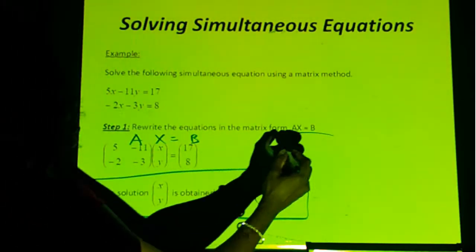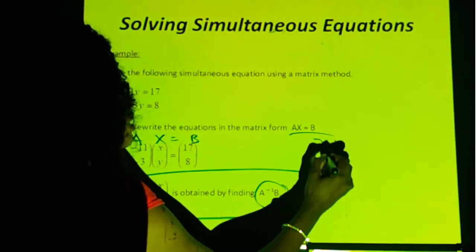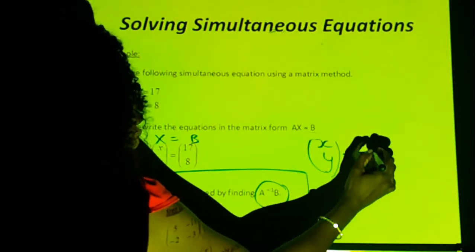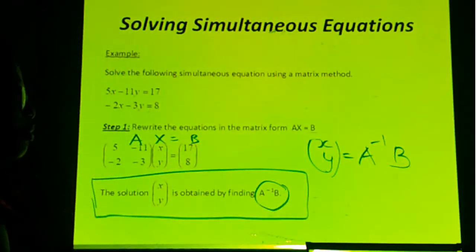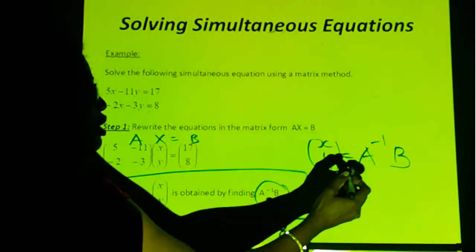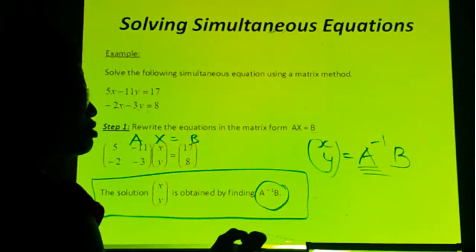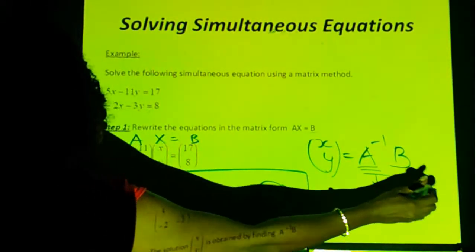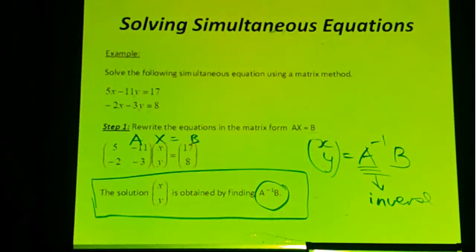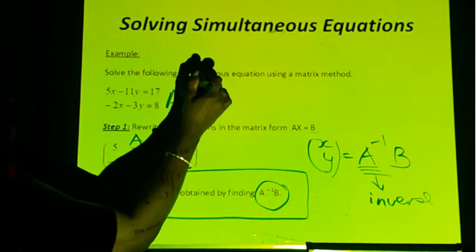The formula is X = A to the minus 1 B. Now recall in our previous video that A to the minus 1 stands for the inverse of a matrix, okay? And there's a formula for the inverse of a matrix.